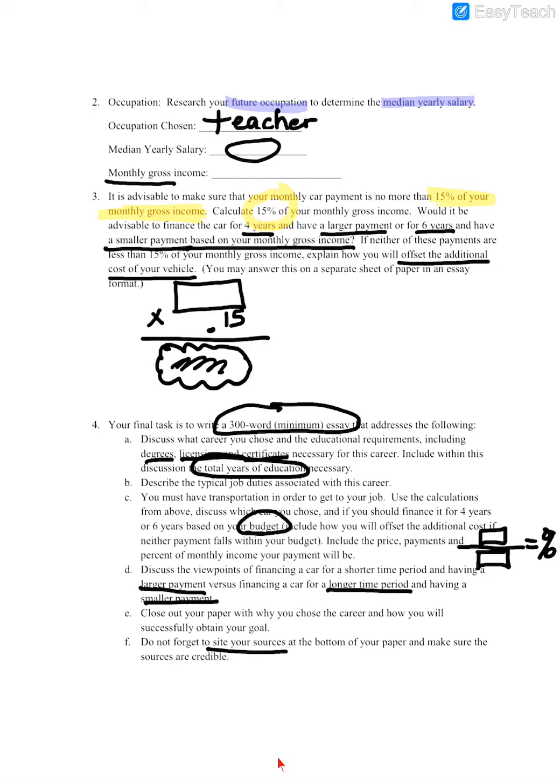For example, if you go to google.com and look at a website that's just somebody's blog, that's not as credible as if you actually went to, say, U.S. News or some type of well-known publisher and got your information. So we're looking for a credible source. And on your car payment, you can go ahead and cite that source too, and any other information that you may use in writing your final essay.